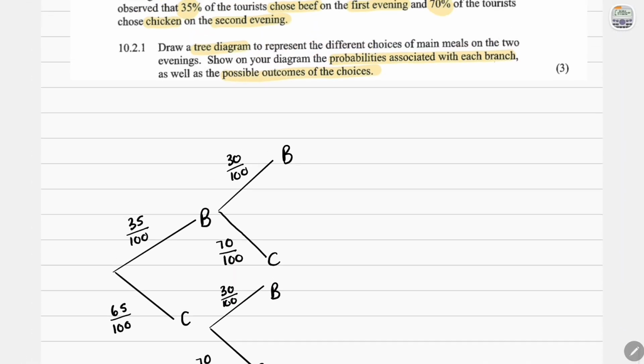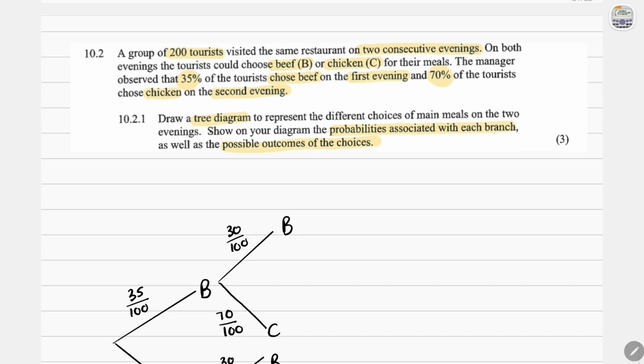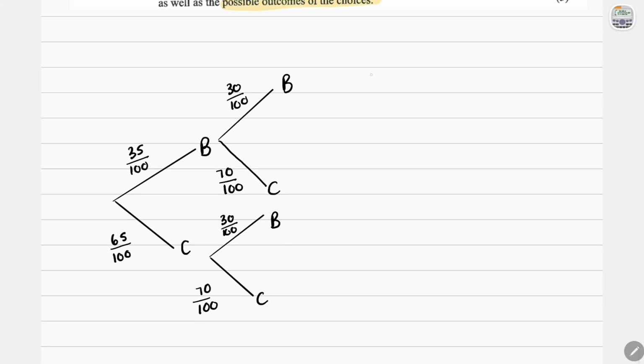Okay, so they also told us to display the outcomes. So write the probabilities associated with each branch and then also the possible outcomes. So let's look at the possible outcomes. Here's what could happen on these 2 evenings. On the first evening, we could have that the tourists chose beef, and then on the second evening, they chose beef.